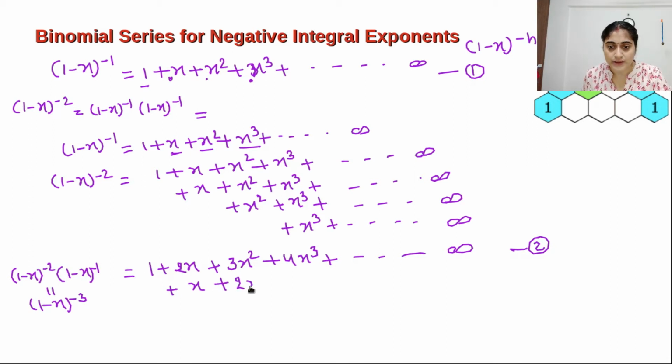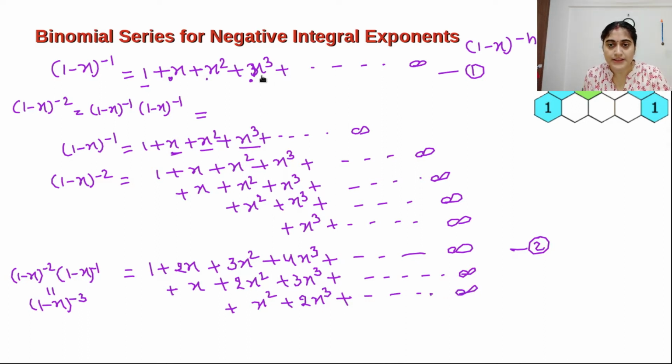Now if I multiply x with this 3x square, it will be 3x cube. It keeps on adding. Then I will multiply x square with this one term, it will be x square only. Now x square with this 2x, it will be 2x cube. Like that.